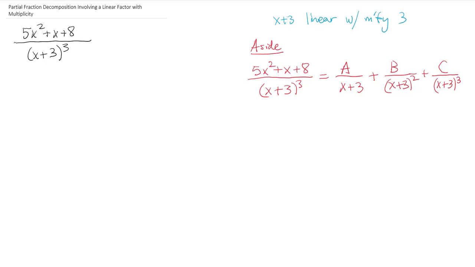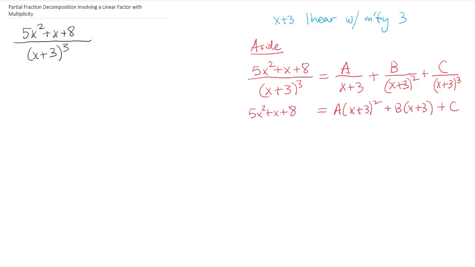So if you multiply the equation by the common denominator, the least common denominator, we get a times x plus 3 squared plus b times x plus 3, and then plus c.